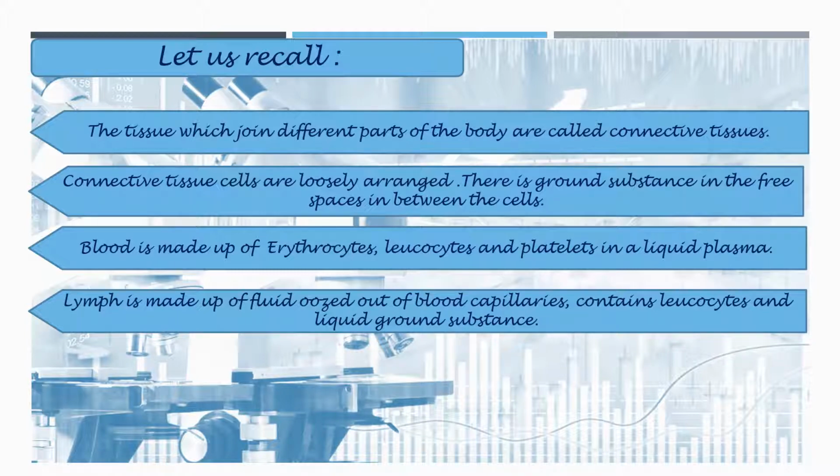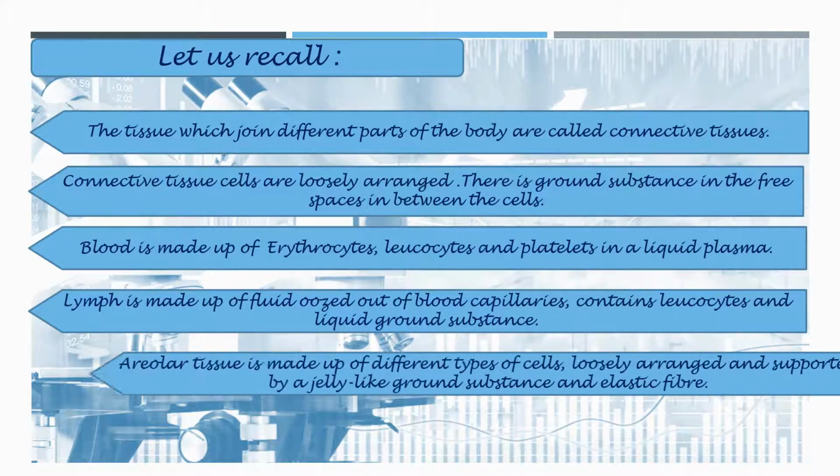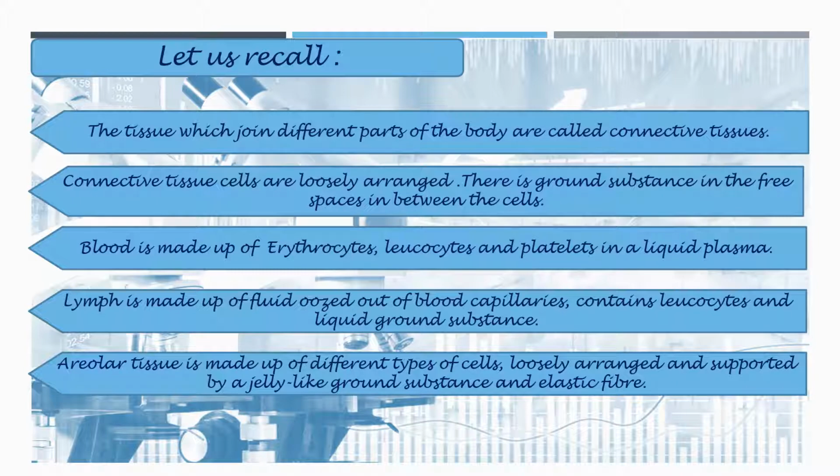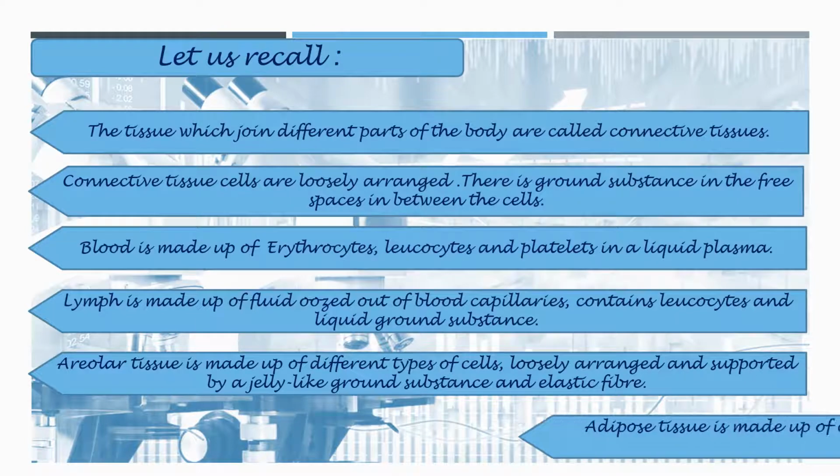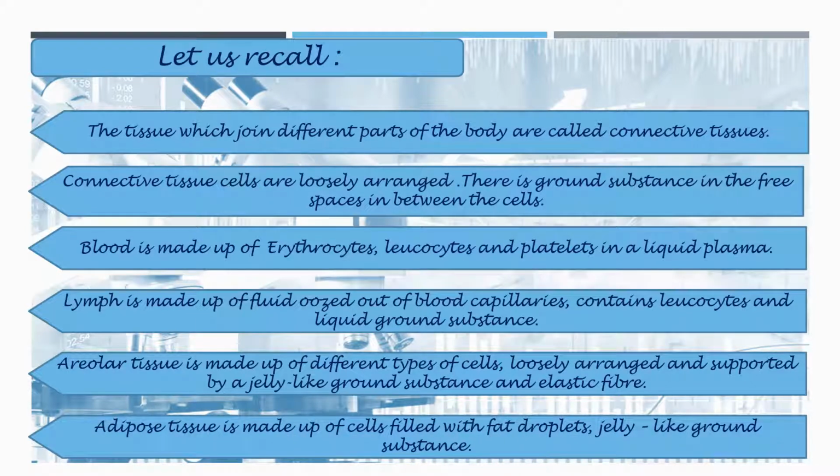It contains leukocytes and liquid ground substance. Areolar tissue is made up of different types of cells which are loosely arranged and supported by a jelly-like ground substance and elastic fiber. Adipose tissue is made up of cells filled with fat droplets and jelly-like ground substance.